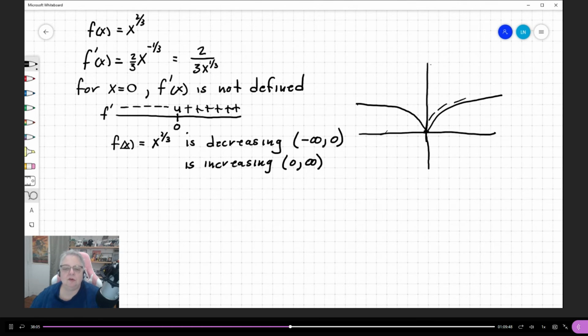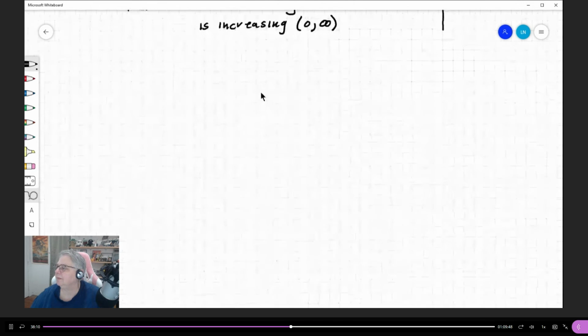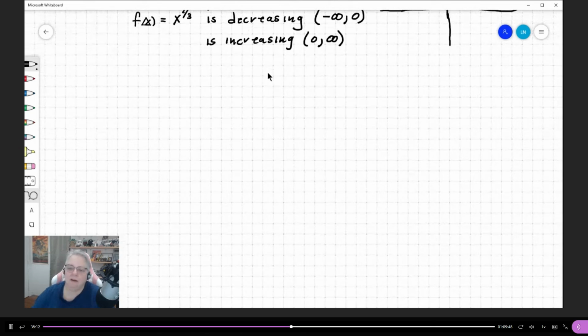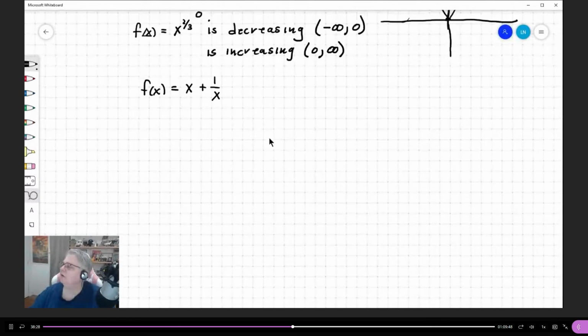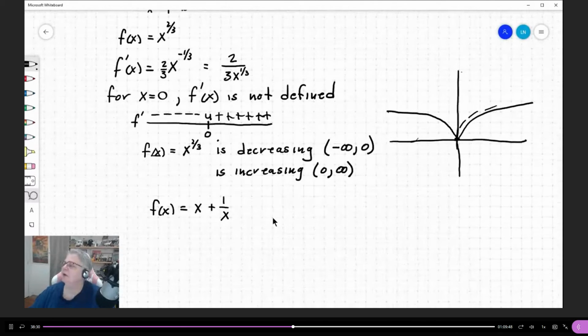All right, how about this one? Another function with a similar type of issue. Now, when we did x to the 2/3, it was continuous. It was defined everywhere. I can put in positive values, negative values, 0.